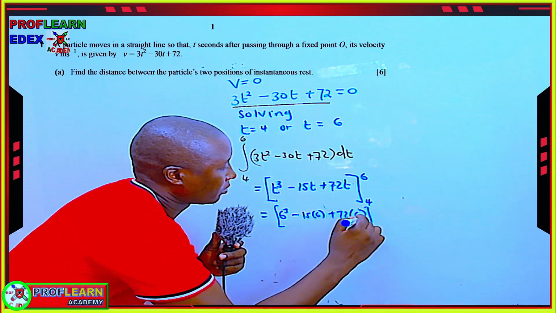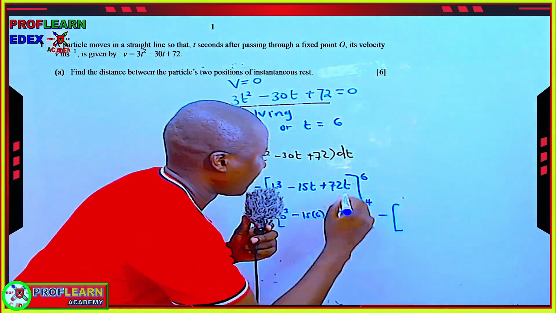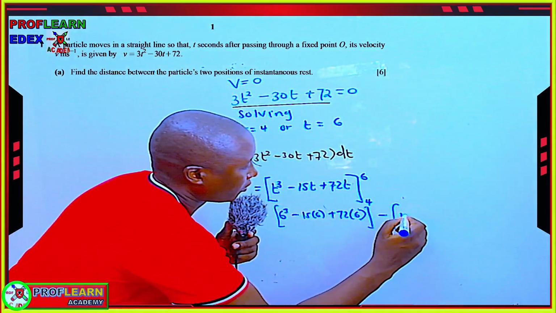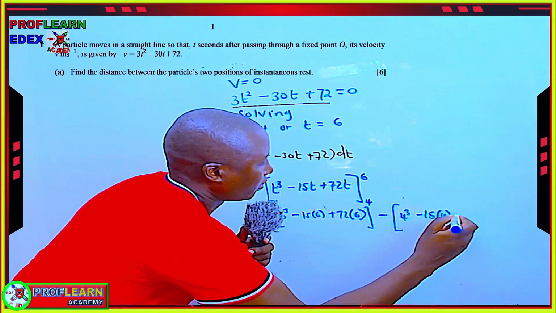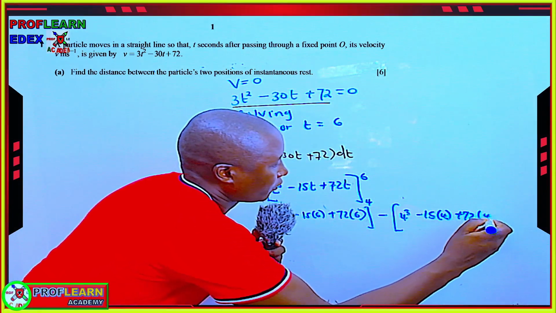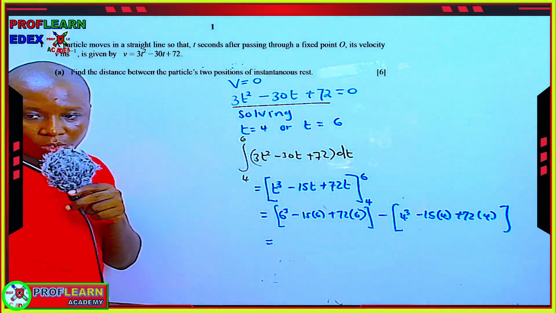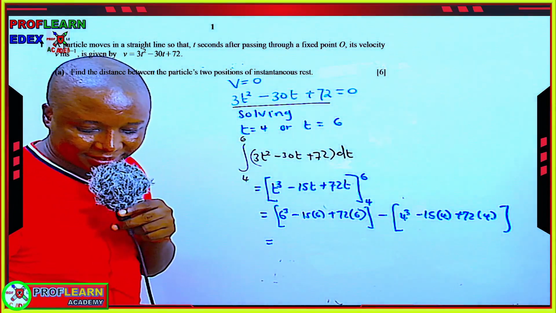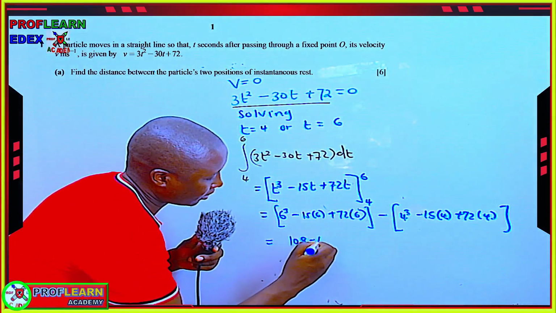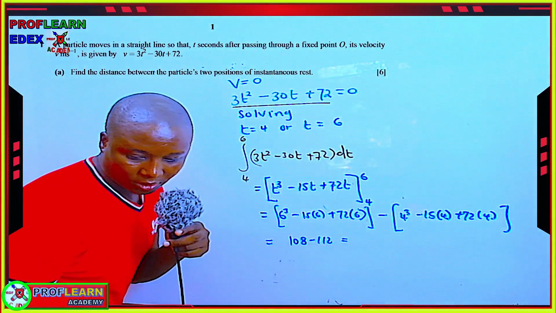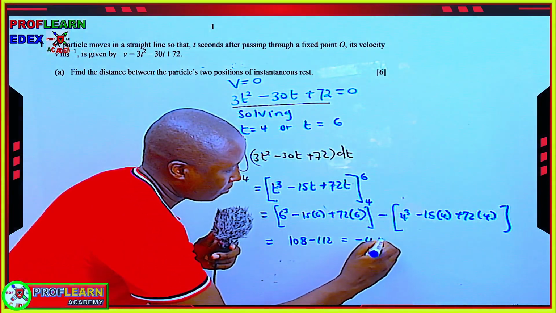Then we shall subtract, now with 4: 4³ − 15 into 4² plus 72 into 4. If you work this out, you get 108 minus 112. Subtracting, you get your answer as negative 4 meters.